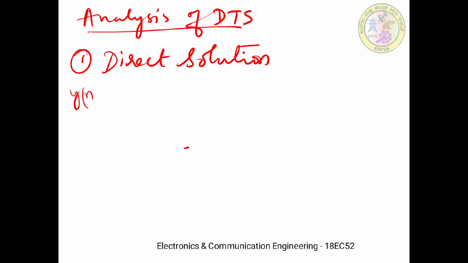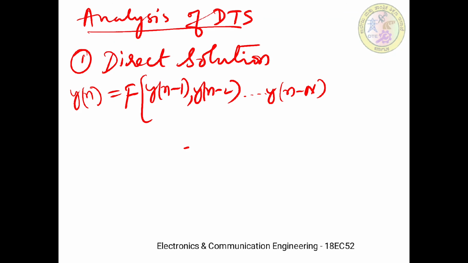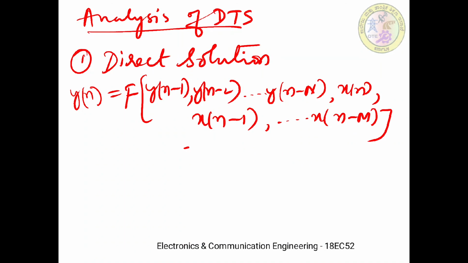That is, y of n is equal to some f of y of n minus 1, y of n minus 2, up to y of n minus N, comma, x of n, x of n minus 1, up to x of n minus M. This is the general format for the direct solution method, where f dot represents some function of the quantities inside the brackets.